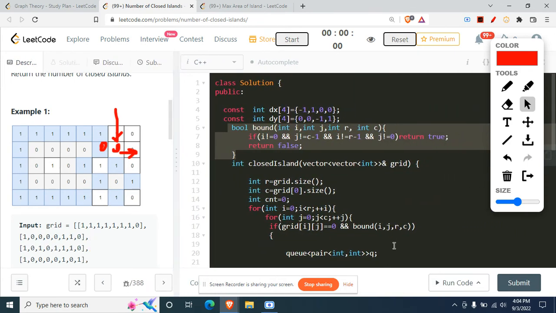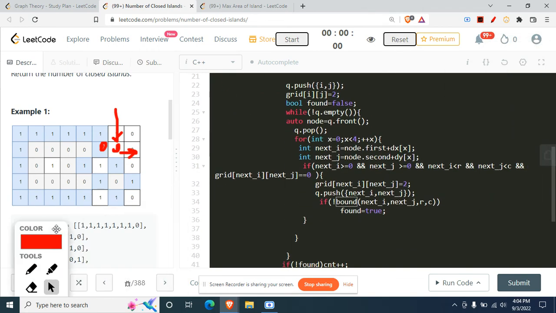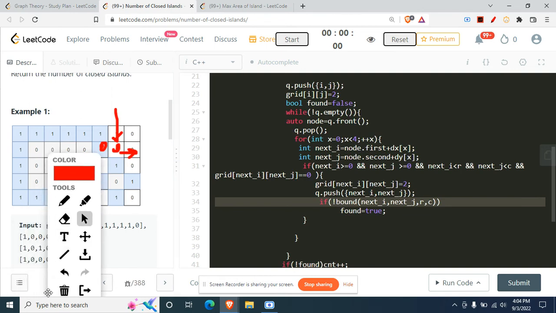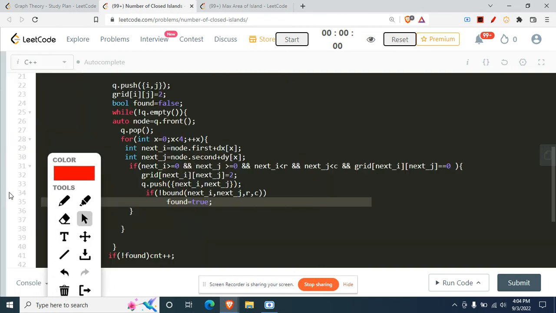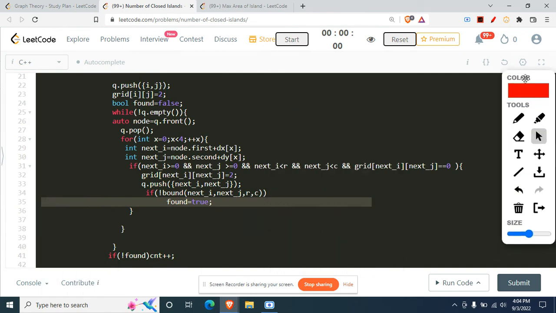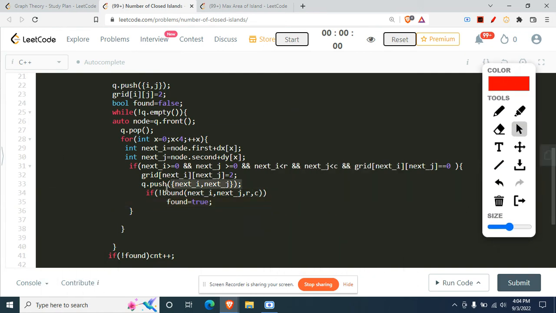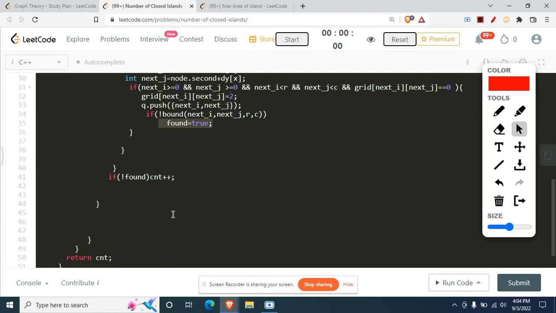So this is where this bound condition will come into play. It will say that if and only if this bound condition is not true, that means it is not on the edge, our new island is not on the edge, then only we can go and place ourselves there. And if it is actually an edge, we can say that I have landed upon a boundary island and this cannot be added to my answer, right?